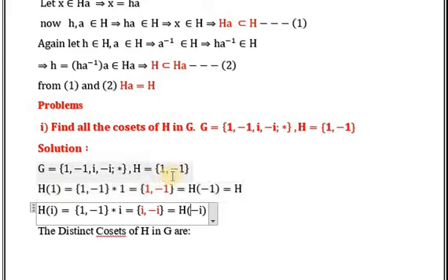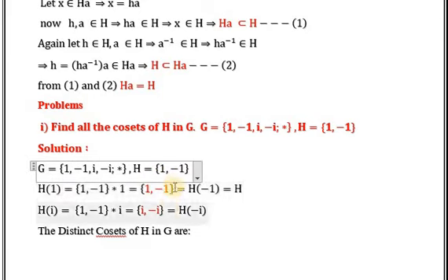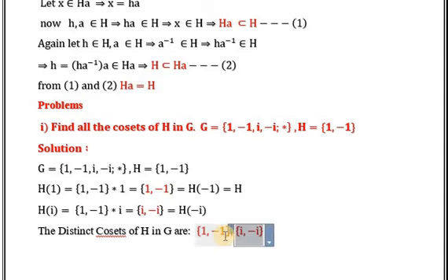The distinct cosets means there should be no repetition. So we are writing only these two cosets one time, and not representing all 4 sets here. So the cosets of H in G are {1, minus 1} and {i, minus i}. Hence the result. Then one more problem we will do.